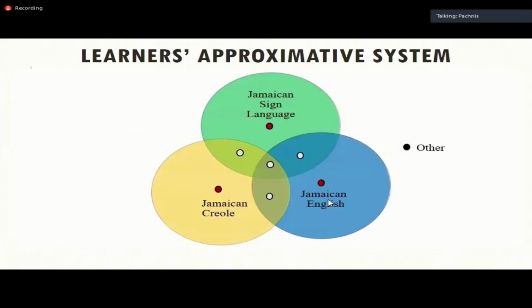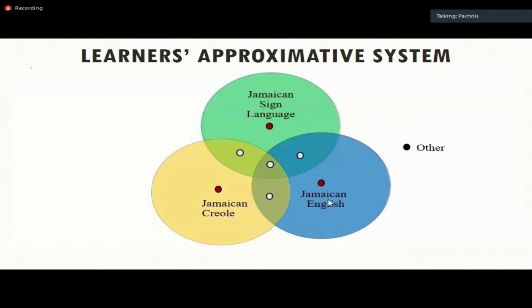Given all the languages in the contact situation, I have designed this diagram to summarize what I view to be the learner system which they use to produce these texts. The three languages at the focal point are Jamaican Sign Language, Jamaican English, and Jamaican Creole. The white dots on the screen represent all the intermediate varieties that might be produced through contact with those languages.